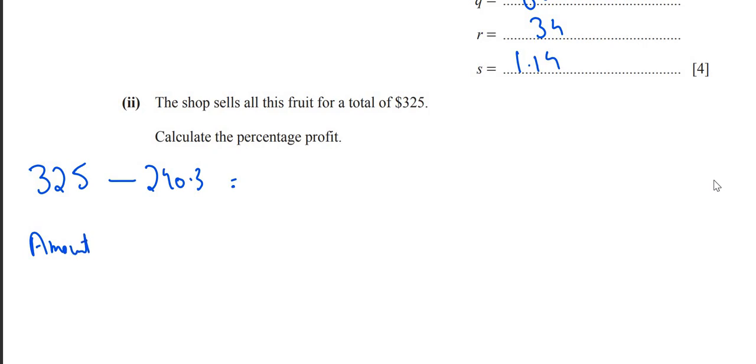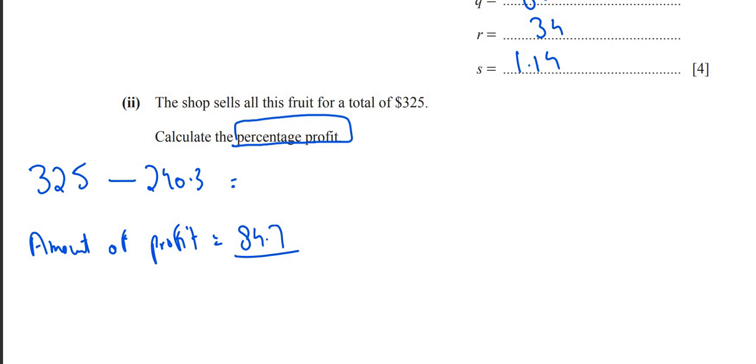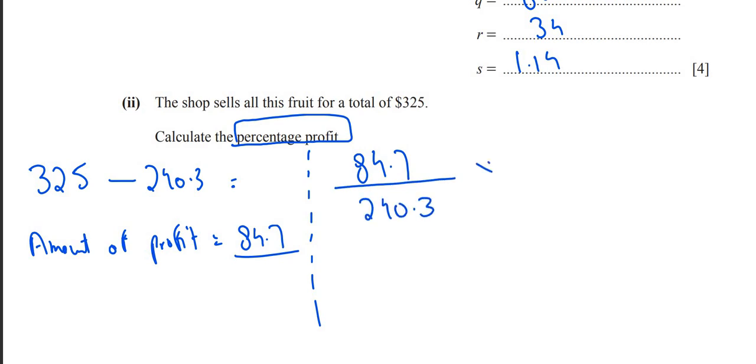Amount of profit is equal to 84.7. But we need to find the percentage of profit. So percentage of profit would be 84.7 divided by the cost price, which is 240.3, and in order to find percentage we always multiply by 100.